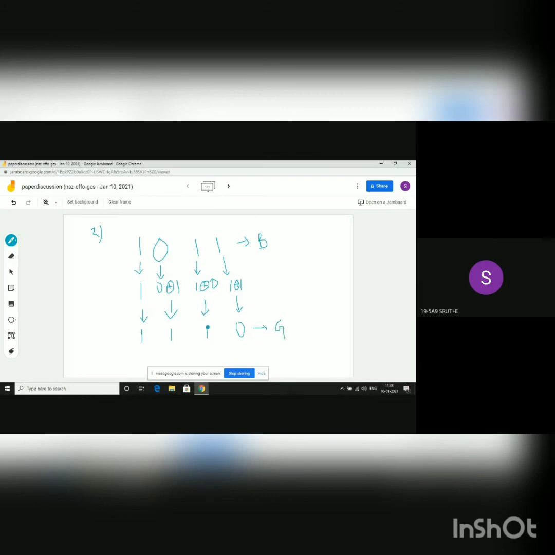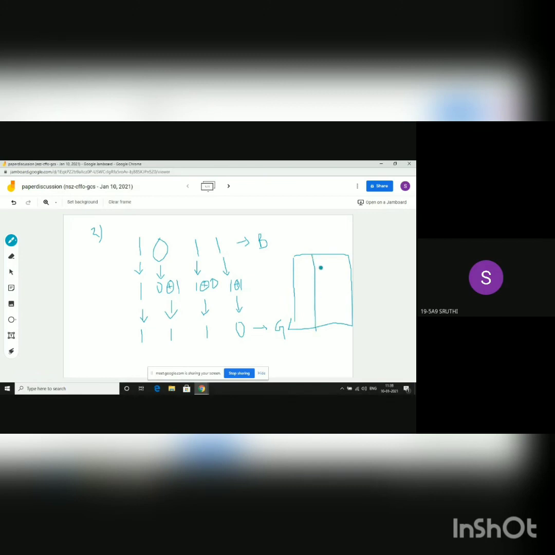Basically, in converting any binary code to gray code, we use the XOR operation. Converting from binary to gray, we use XOR, and vice versa. That is, converting gray to binary also, we use the XOR gate. In an XOR gate, if there are two different inputs, then we get the output as 1. And if there are two similar inputs, we get the output as 0. The truth table for an XOR gate is somewhat this way.